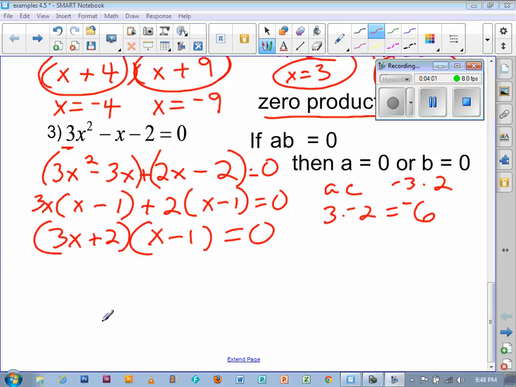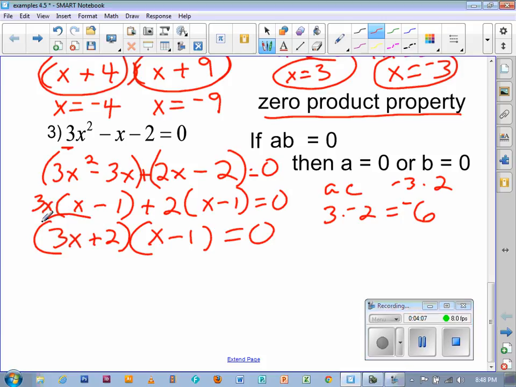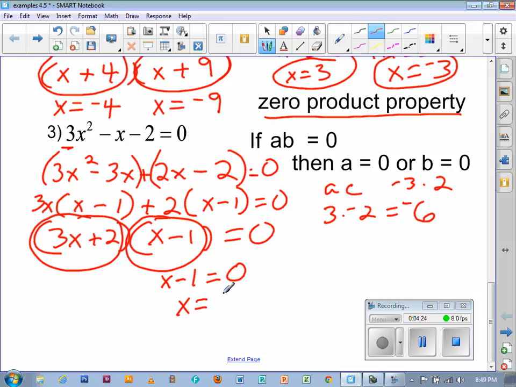So again, applying the zero product property, what we're going to do here is set each factor equal to 0. 3x plus 2 has to be equal to 0, or x minus 1 has to be equal to 0. Well, obviously x minus 1 equals 0 is going to give you a positive 1. There's one of your zeros. That's an easy one to obtain.